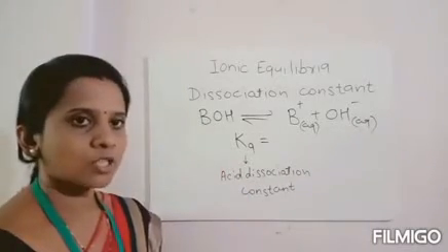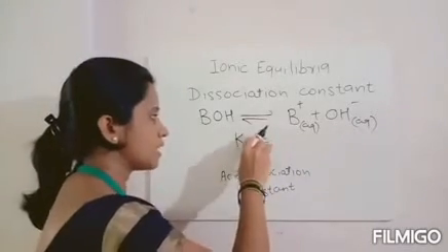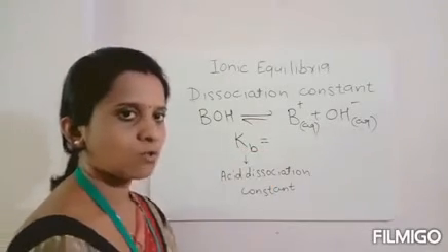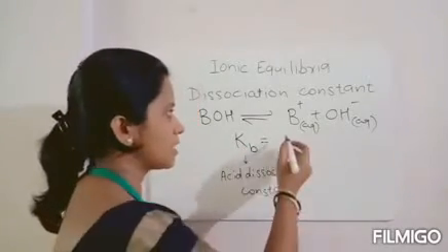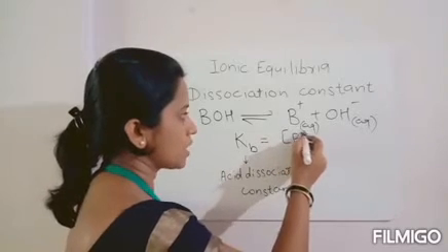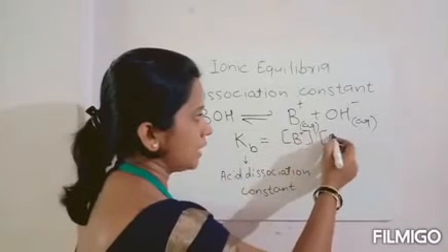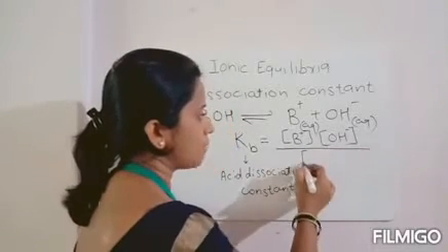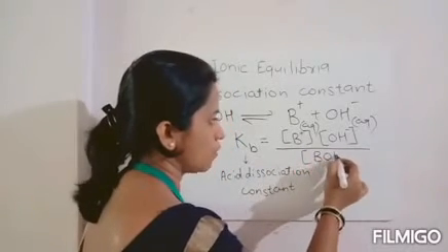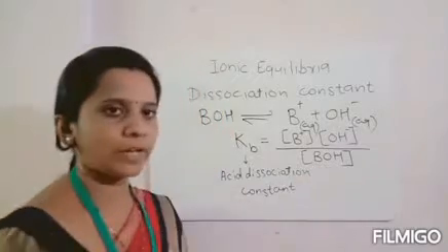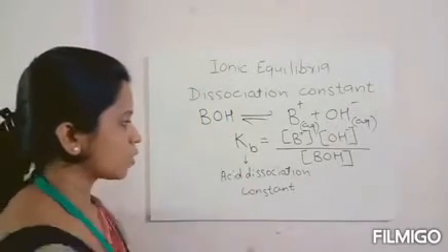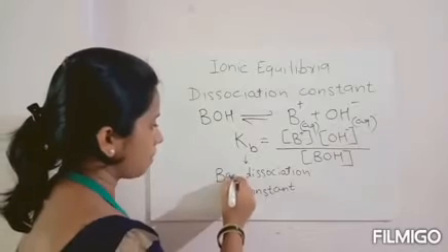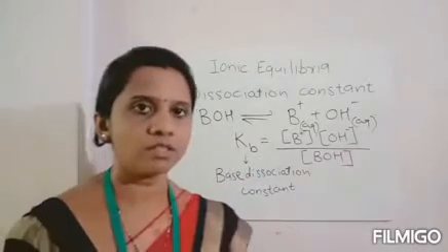So the dissociation constant for a weak base is represented by the symbol Kb. So what will be the expression? Kb is equal to concentration of B plus into concentration of OH minus divided by concentration of BOH, and this constant is called the base dissociation constant.